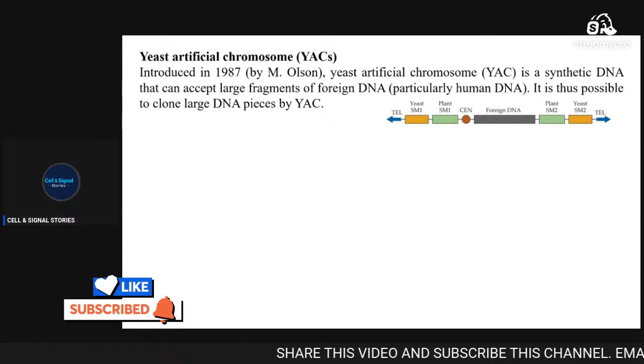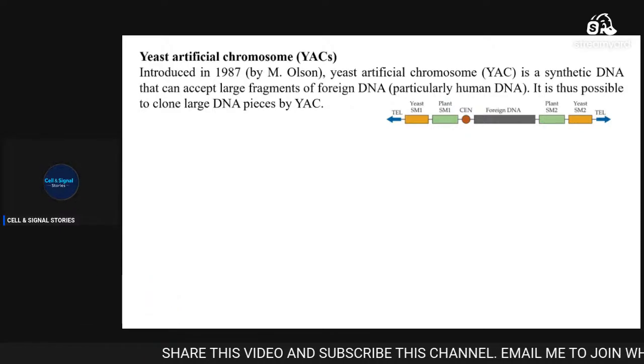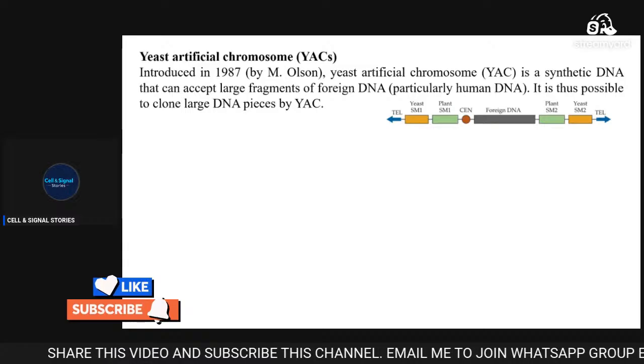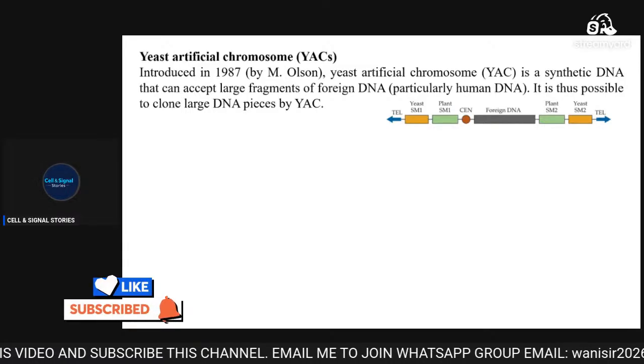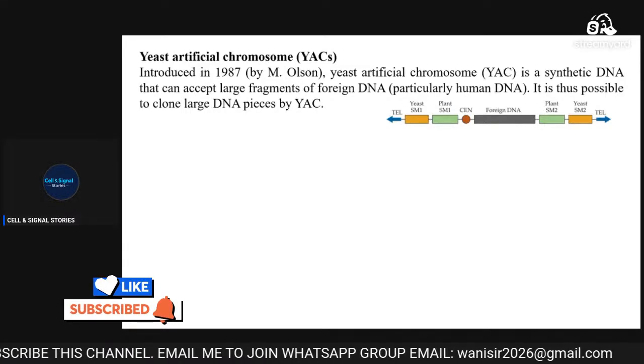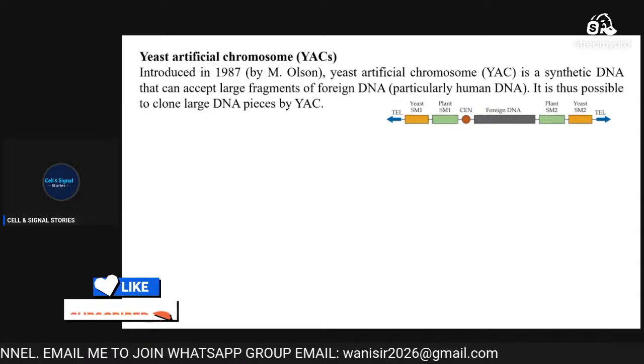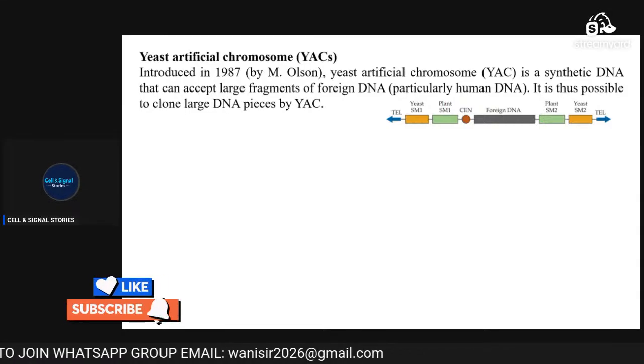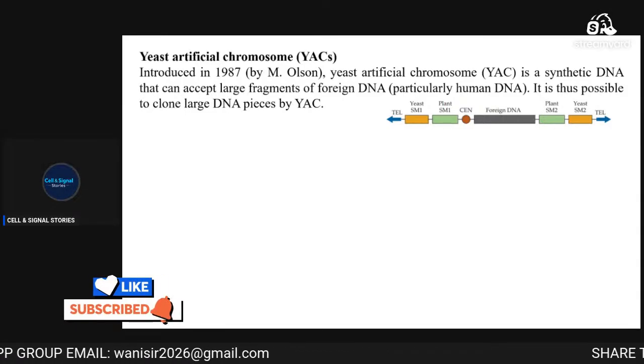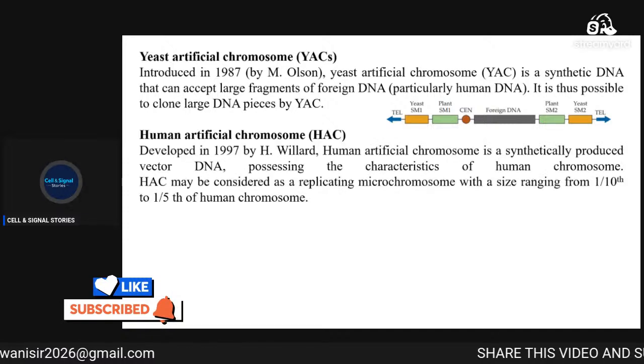Now it is thus possible to clone large DNA pieces by YAC. That means if we are having a large DNA piece, a 2000 kb gene, and we want to clone it so as to get multiple copies of this gene, we can use the yeast artificial chromosome.